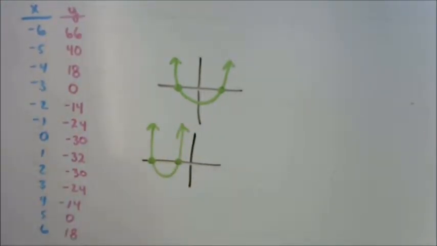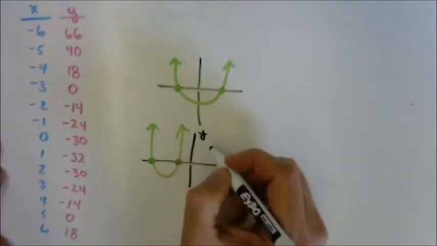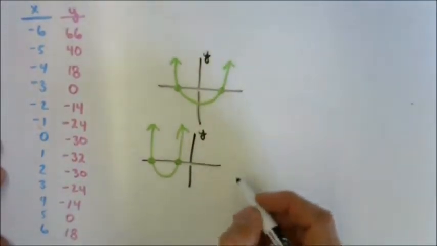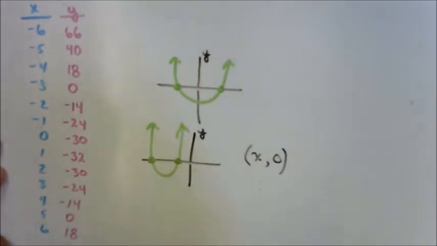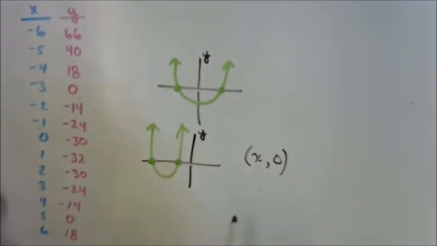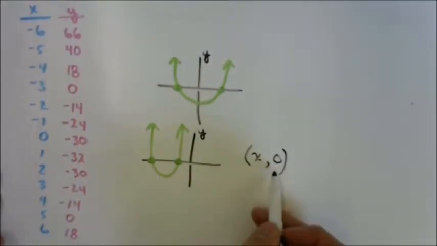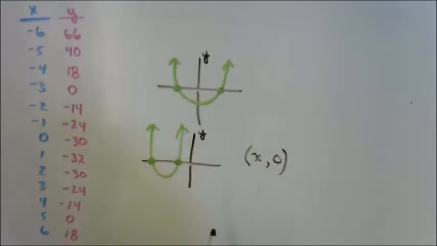There's still something that's true about all 4 of those points. They're all right on the x-axis, which means, what about their y-coordinate? Their y-coordinate is always 0. So wherever y is 0, we have an x-intercept.